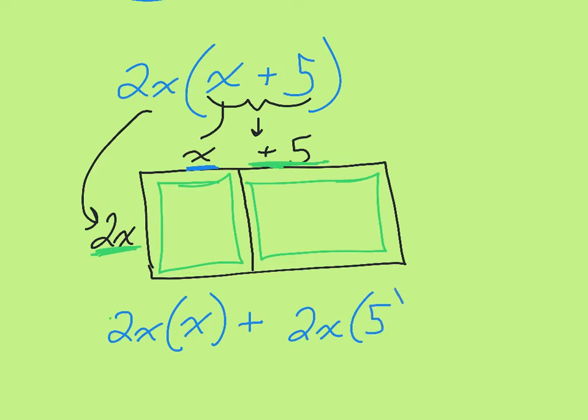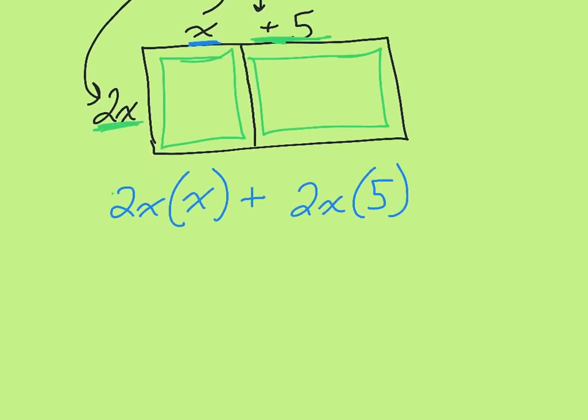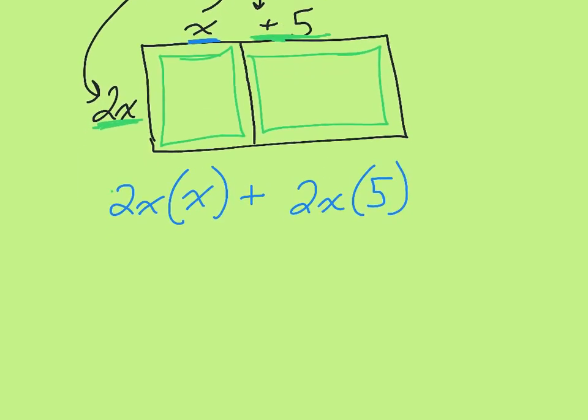So I'm just going to write 5. So our rectangle now, the big huge rectangle, becomes this part here, 2x times x is 2x squared. And over here, 2 times 5 is 10, and I still have the x, so 10x.